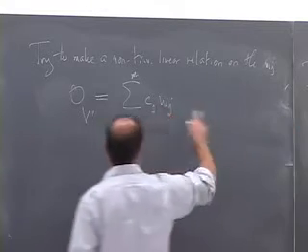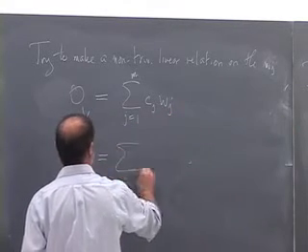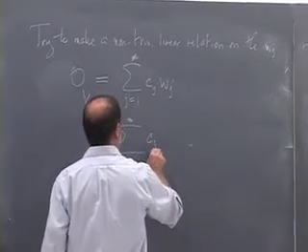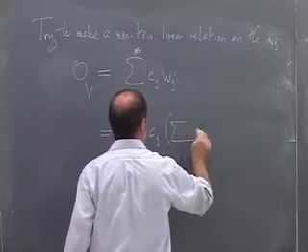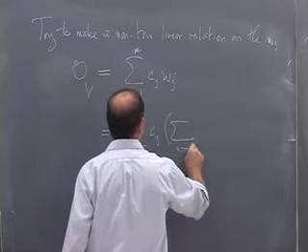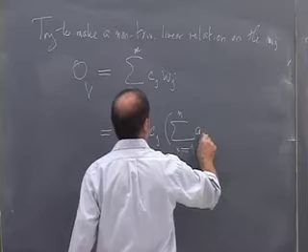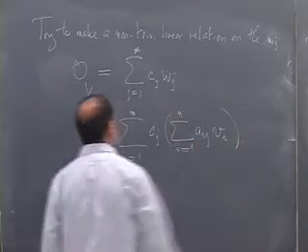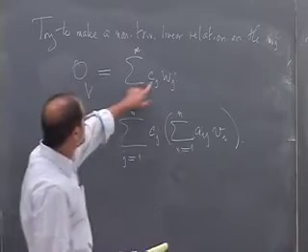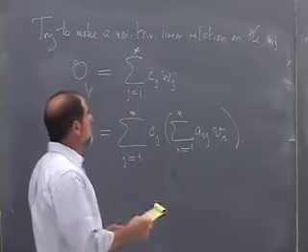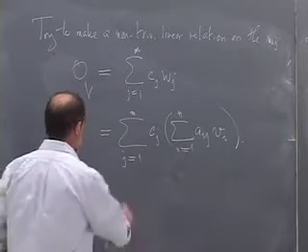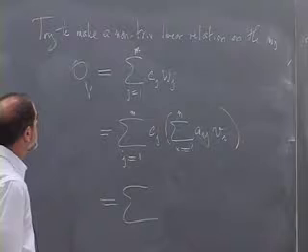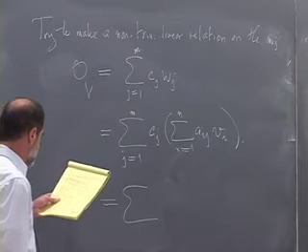Well, now I replace Wj by that sum over there. So that's the sum from j equal 1 to m, Cj, times the sum from i equal 1 to n of Aij times Vi. In other words, I take this relation that I'm going to make on the w's, and I turn it into a linear relation on the vi's. It becomes the sum, and I'm going to change the order of summation between i and j.